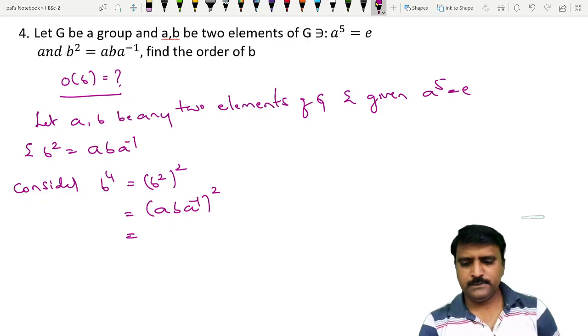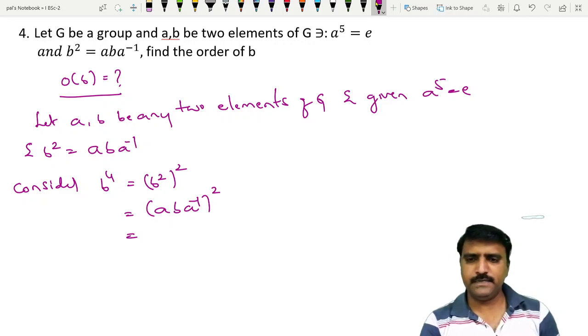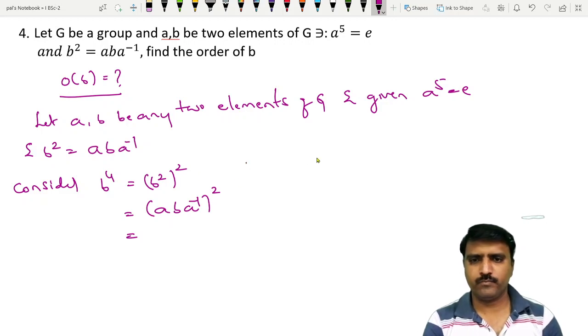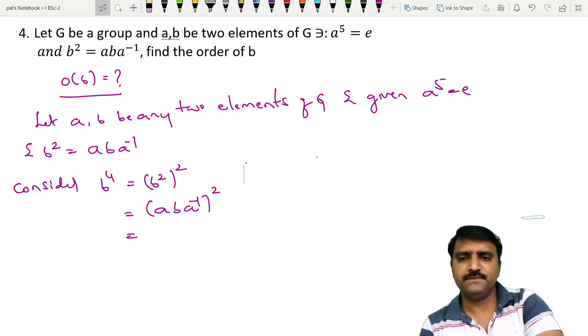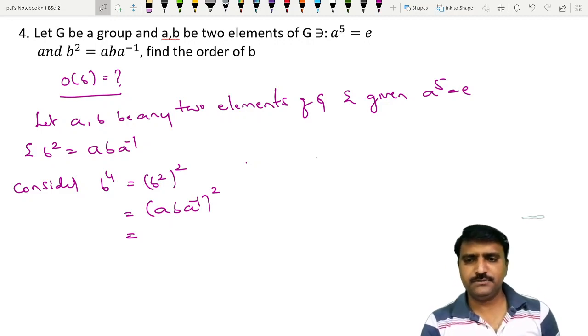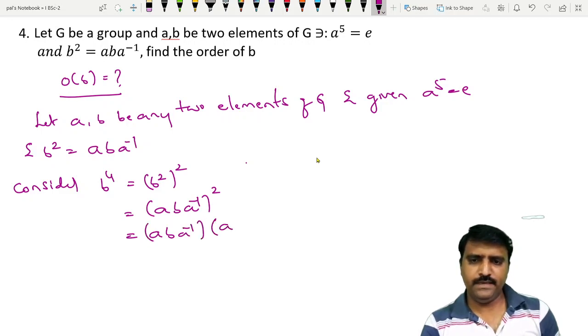Okay. So AB A inverse whole square can be written as AB A inverse into AB A inverse.